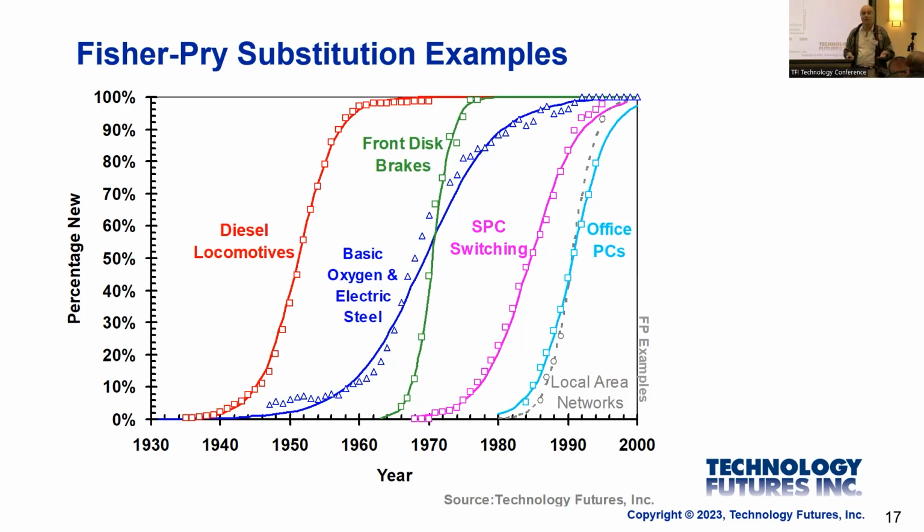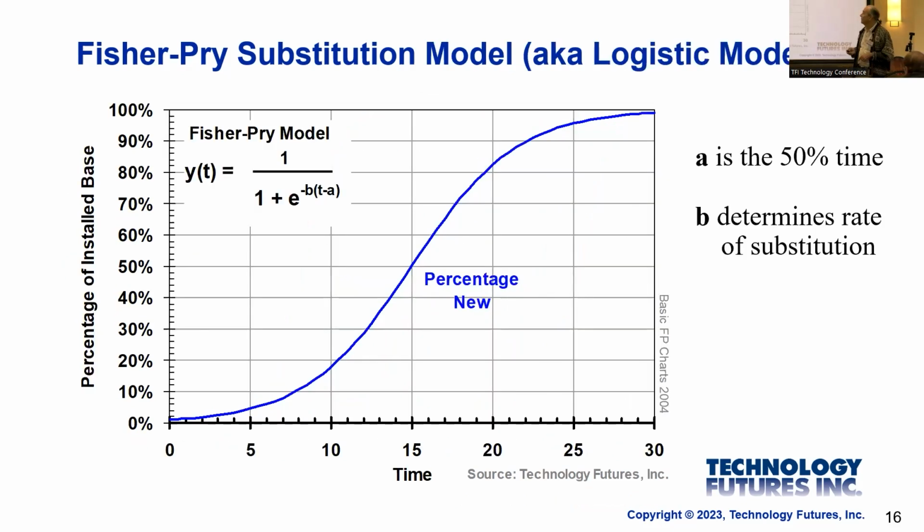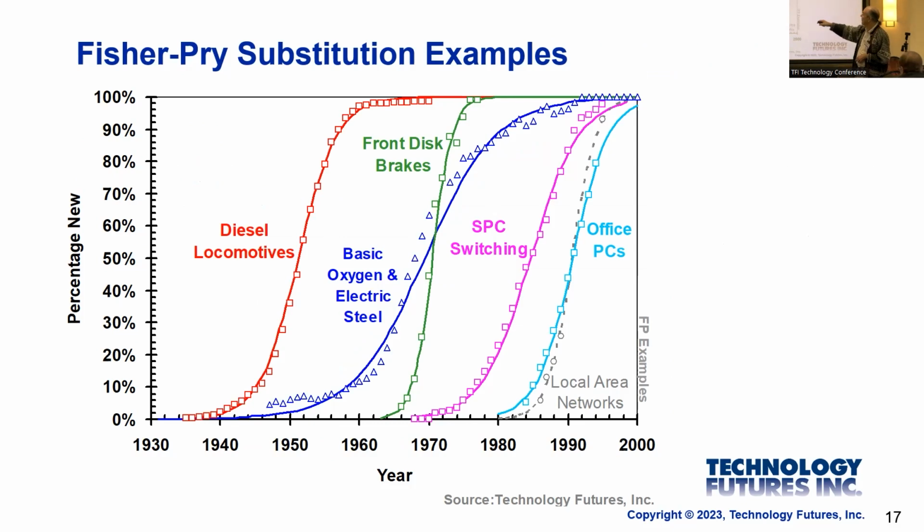So if you go back one slide, the Fisher-Pry model has two parameters: A, which sets it in time, and B, which determines the rate of substitution. The higher B is, the steeper the S-shaped curve, or the faster it happens. So the faster substitutions have a higher B value. And of course, some industries are faster than others.